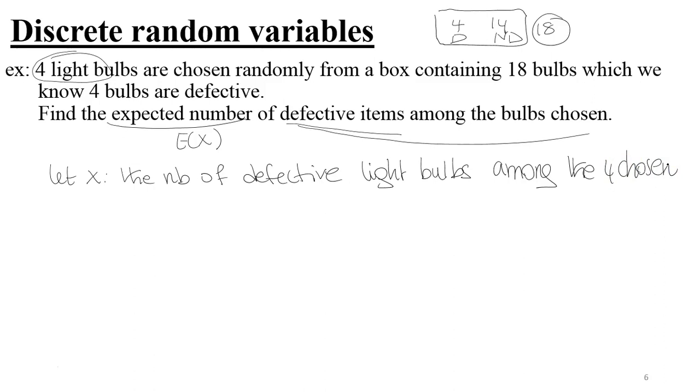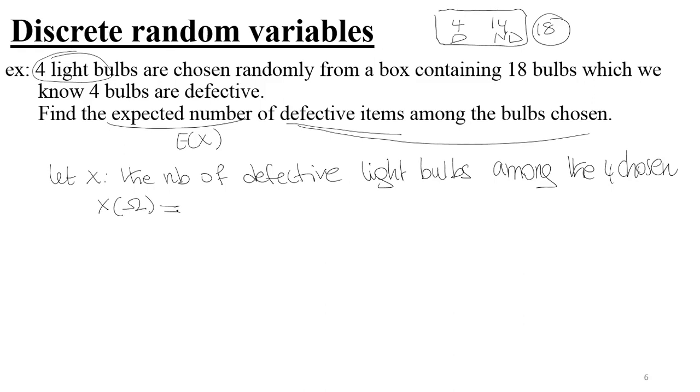The second step is defining your set of possible values for the random variable. So we start by defining X of omega, the number of defective light bulbs among the 4 chosen. What are the possible values that it can take? Out of the 4 light bulbs that you're choosing, how many defective can you end up having?